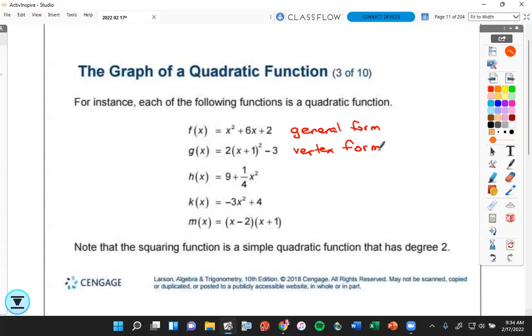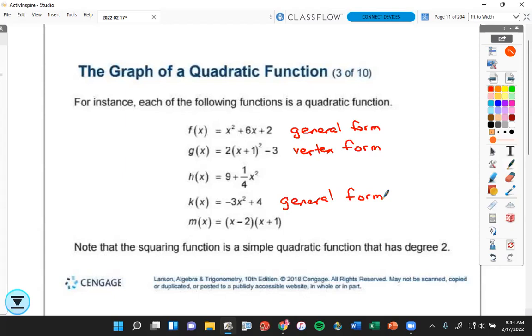Letter H, it is a quadratic because the highest exponent is 2, but it's not in general form because the x squared is the last term instead of the first term. K of x, this is actually in general form as well. General form means your exponents are going to be decreasing.